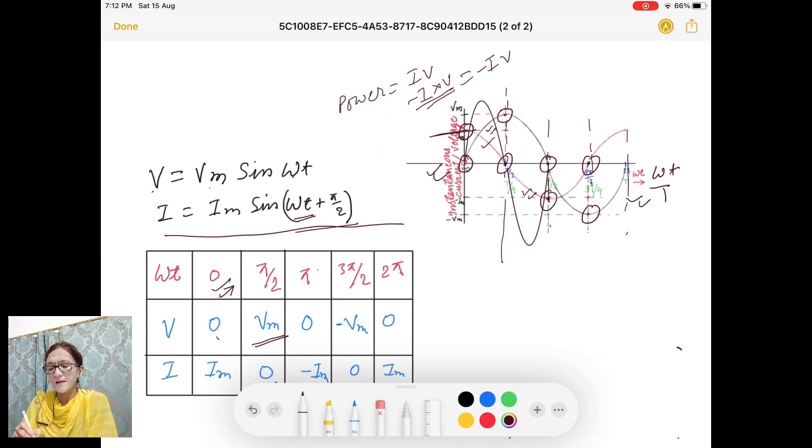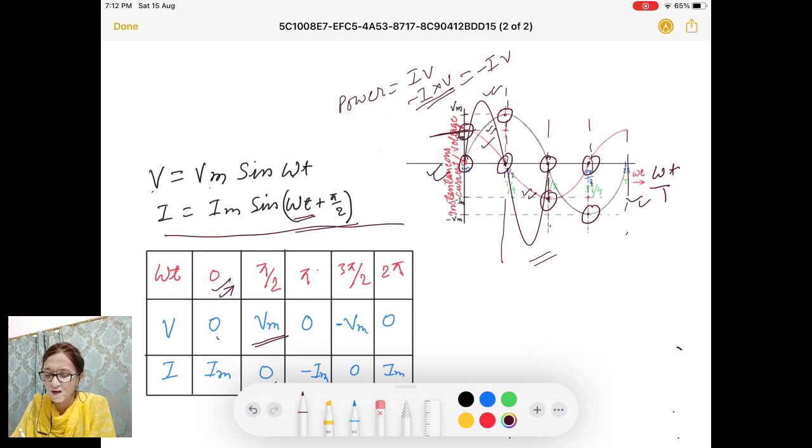So what does this mean? When power is positive, power is supplied by the alternating voltage source to the capacitor. But in the second quarter, the power is given back by the capacitor.